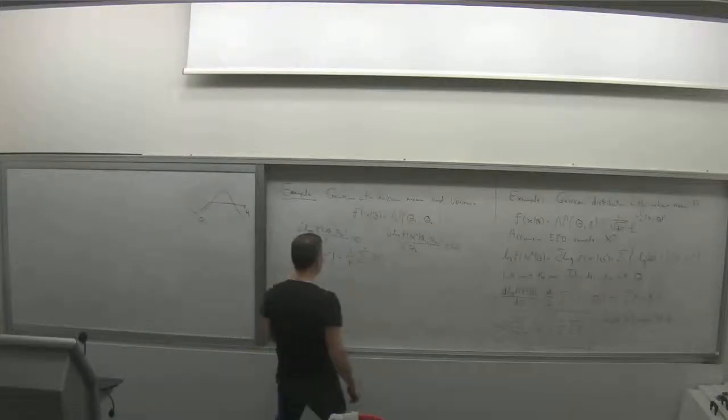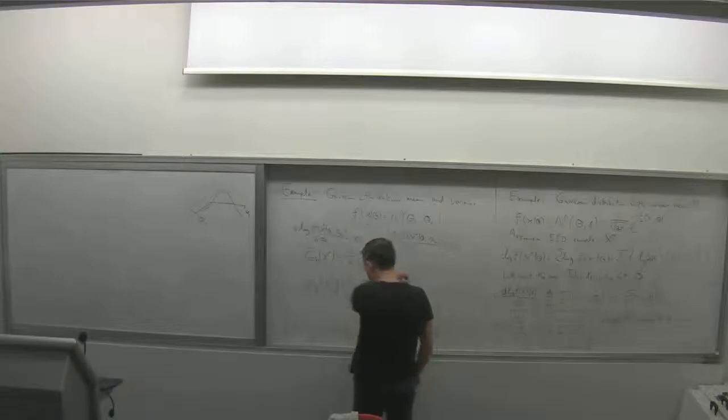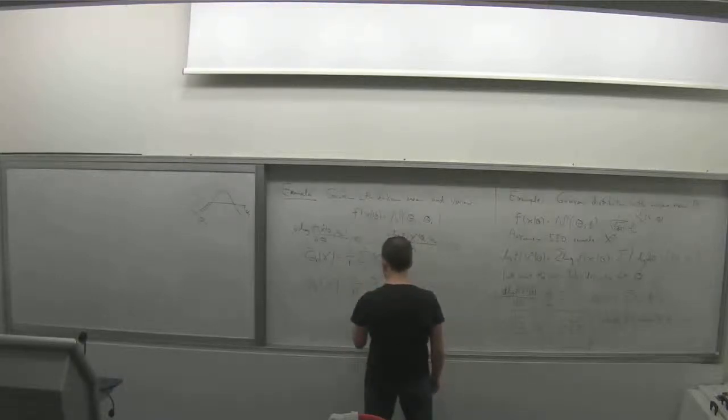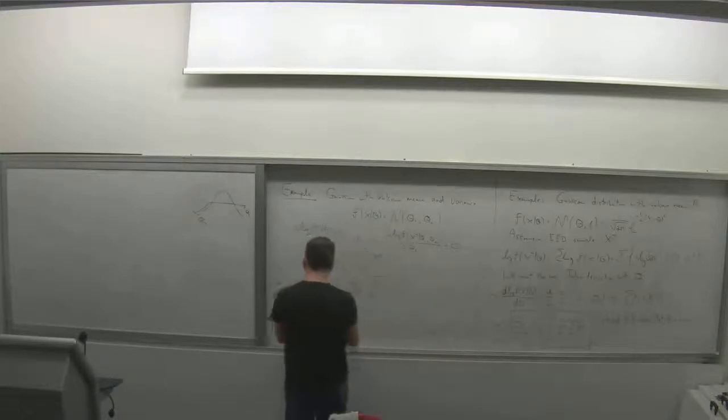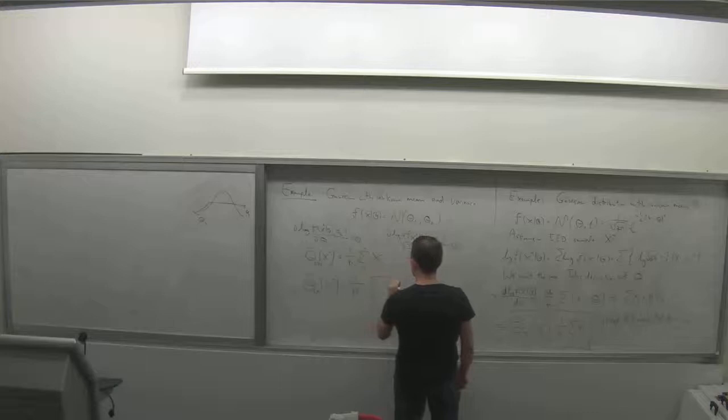Right, so what is the estimator for the variance? Let me write it. It's theta 2 ML, the sum over x i.